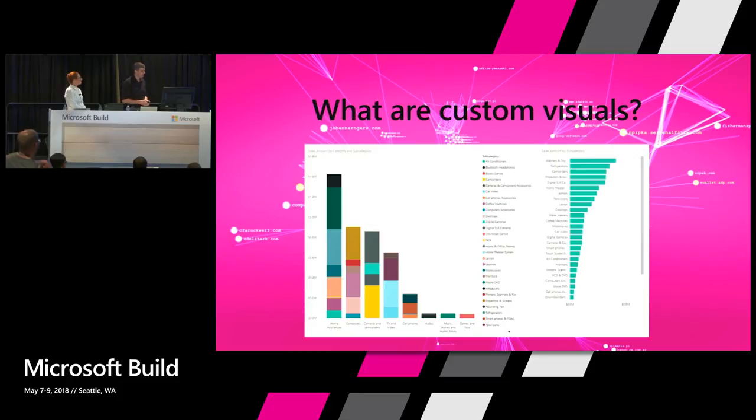Imagine you have a report in Power BI, and you have the sales in a certain store, with categories and subcategories. You can show it in a regular bar chart, but it's pretty hard to understand and get insights from it.